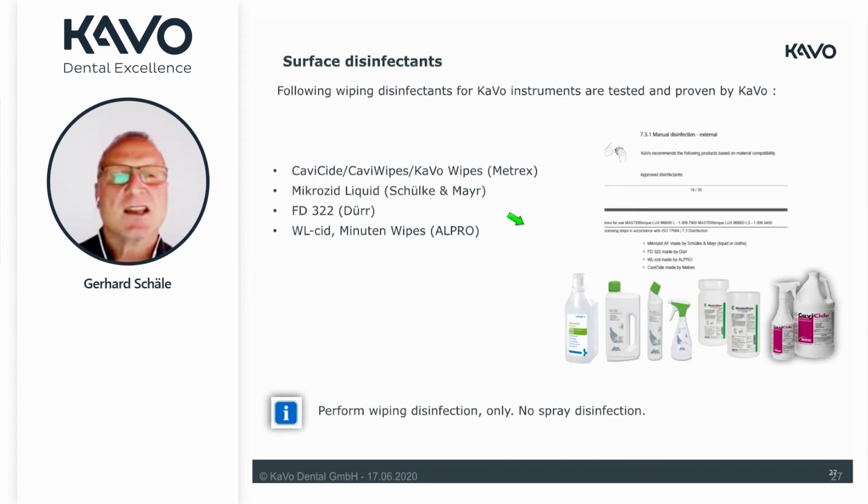The ones we can say you can use are written down here. This is first of all the KaVicide or the KaVo wipes. This is called Mikrozid Liquid from the company Schülke & Mayr in Germany. This is also the FD 322 from the company Dürr, and the Minuten wipes from a company called Alpro.